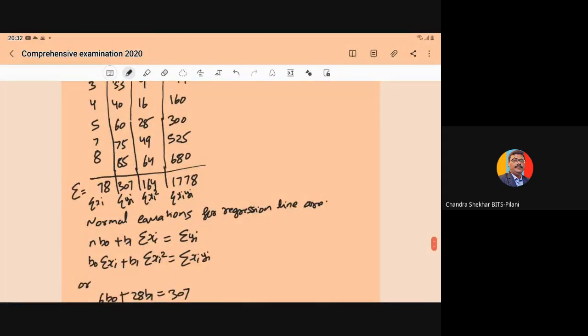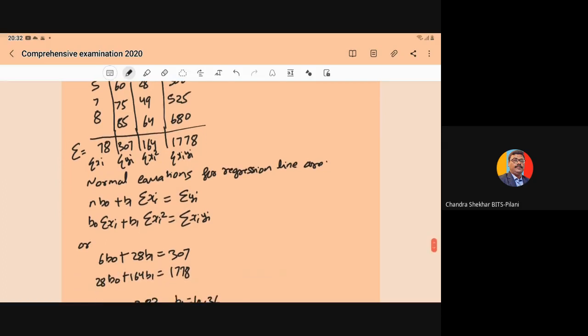And we know that the normal equations for the regression line are n b naught plus b1 summation of xi is equal to summation of yi, b naught summation of xi plus b1 summation of xi square is equal to summation of xi yi. All the summation values we have already computed in the above table.